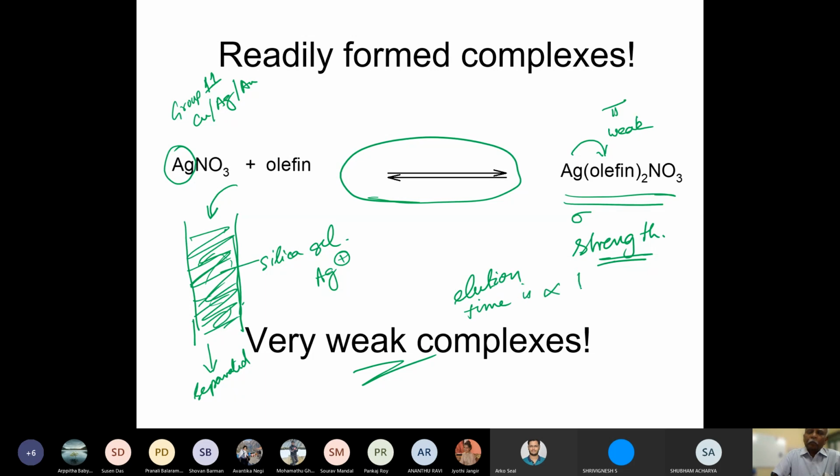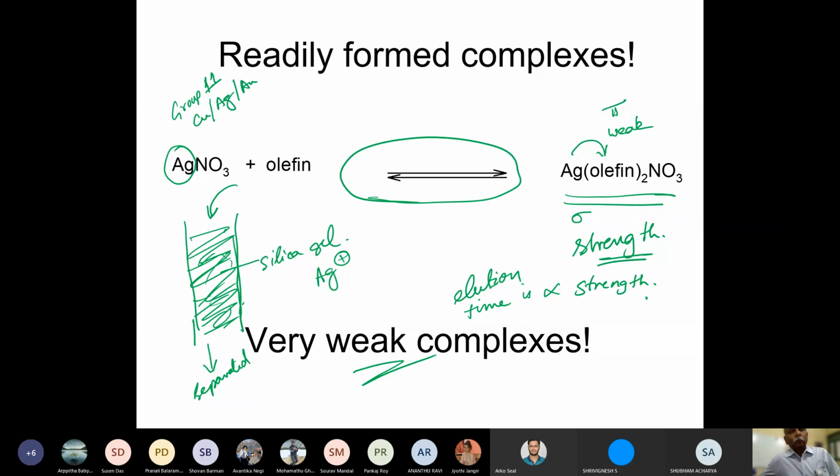Is proportional to the strength of the complex. No, the other way. Sorry. Elution time is proportional to the strength of the complexes. The longer the time that it takes to elute, the stronger the complex. So I hope you understand this principle.